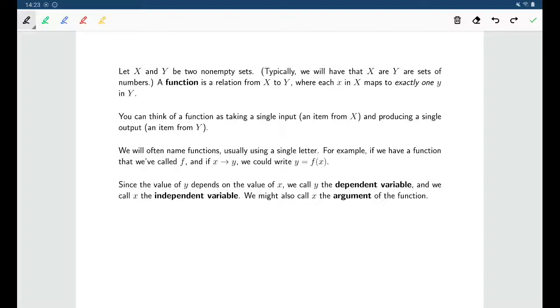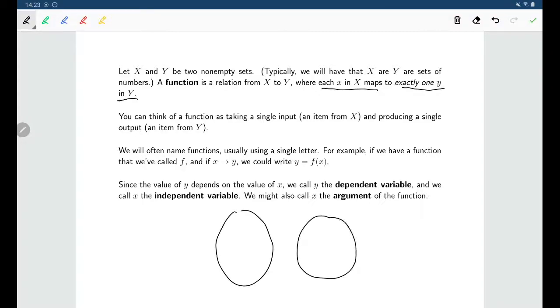The idea here is that we have a relation, but now the restriction on a relation is every x in the first set will map to exactly one y in the second set. So in other words, every input maps up with exactly one output. If you're thinking in terms of those mapping diagrams, that would mean that for every input, there should be only one arrow coming out of it leading to an output.